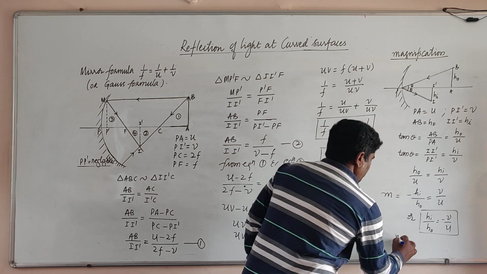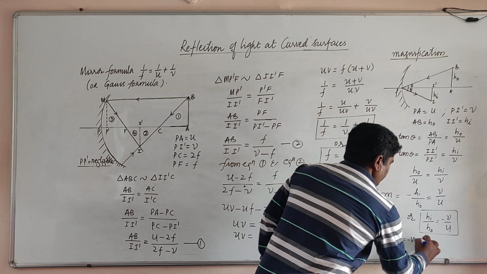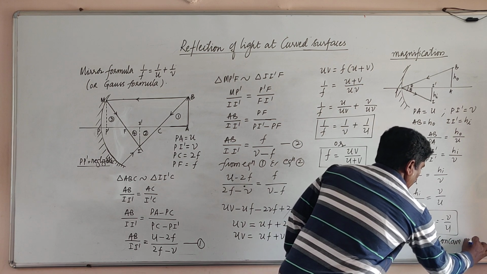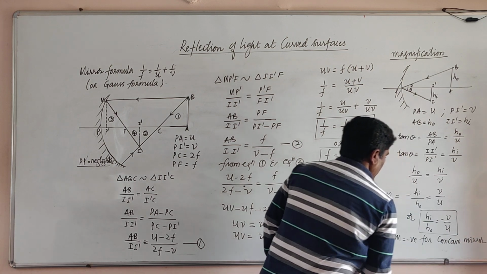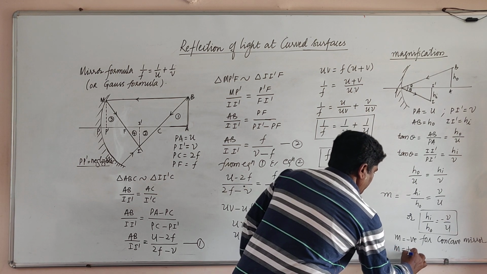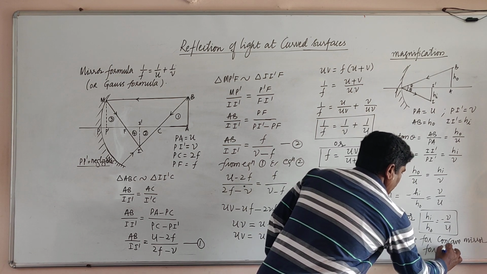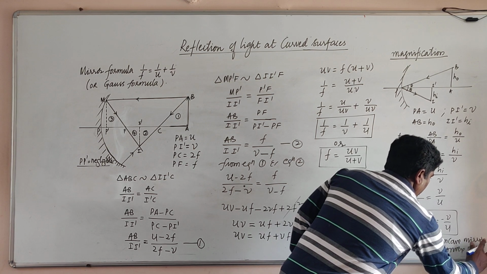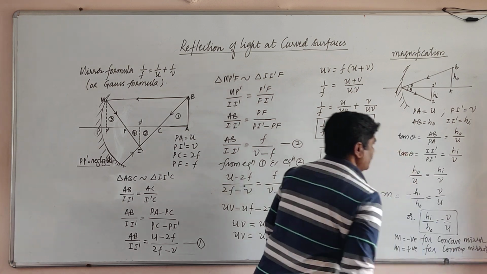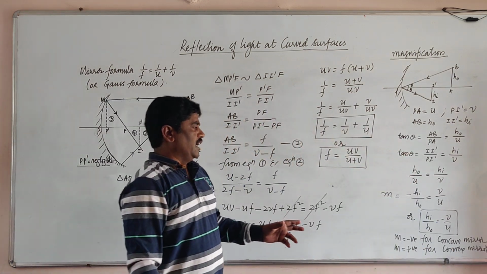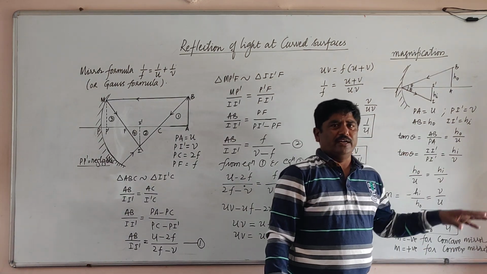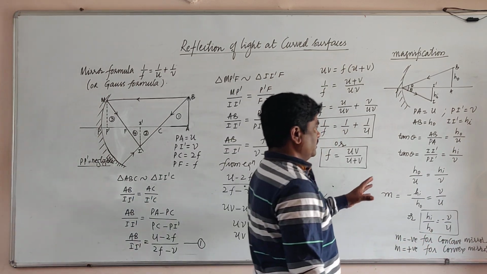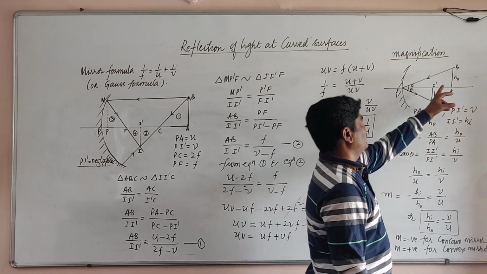So this magnification value must be negative for concave mirror, or M value is positive for convex mirror. So by knowing the magnification value, you can find out the height of the object or height of the image, or here the comparison of the sizes you see.